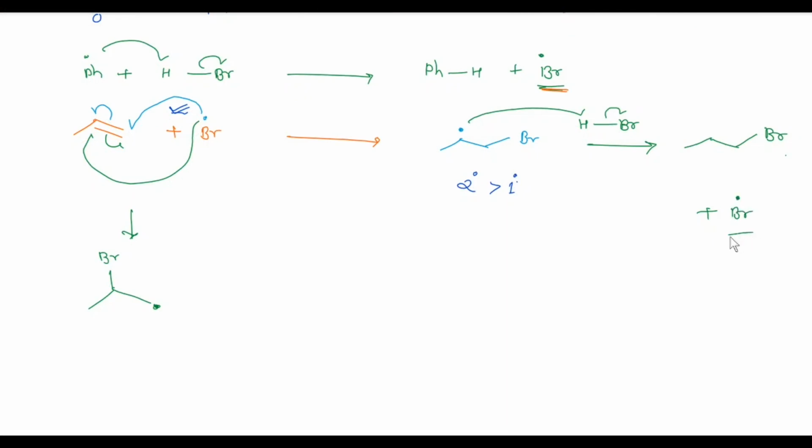This Br radical further reacts with another molecule of alkene, that is, a chain reaction takes place. For the stereochemistry of addition of HBr radical to the alkene, for both acyclic and cyclic alkenes, anti-addition is favored.